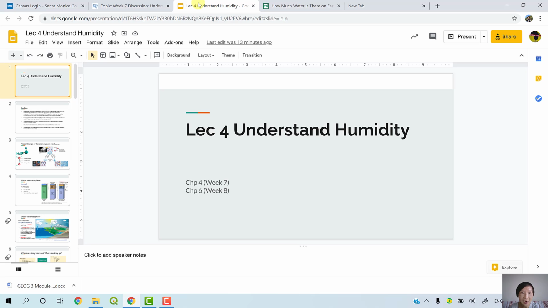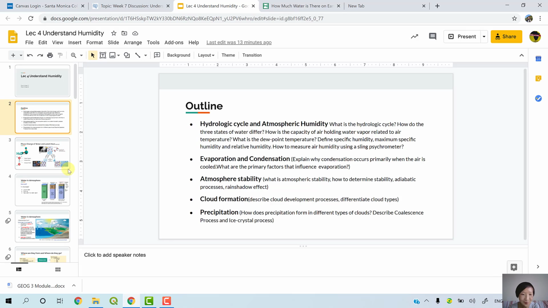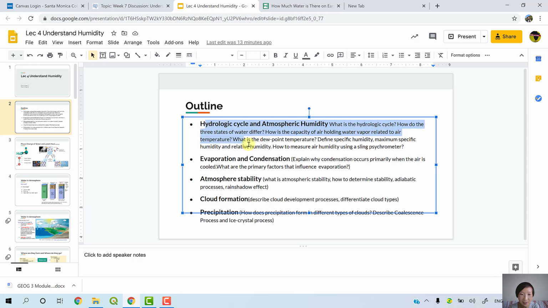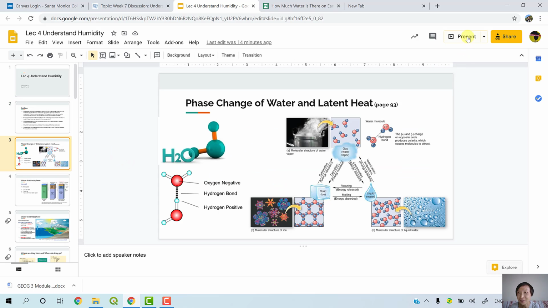So the chapter you are going to read is chapter 4 in your textbook. So this is our outline. Summarize those 2 in your summary, and then let me present it.